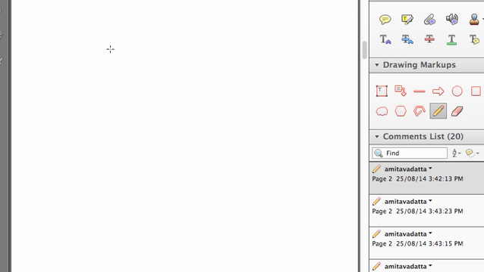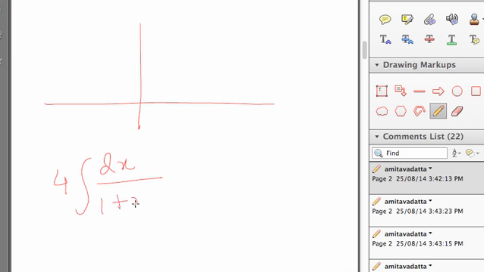We have to take another view of integration where integration can be viewed as a summation. So if I draw the picture of that integral which I wrote earlier, remember there is a 4 here, 1 plus x squared.